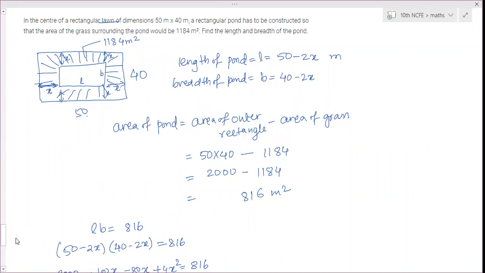Ma'am, I have a doubt in the 13th exercise, 8th one. There is a pole. Yes, the pole has to be erected. Yes, ma'am. That is an NCERT question. At the end of NCERT, we have solved that question. And even in the 10th exercise, we have solved the same question.